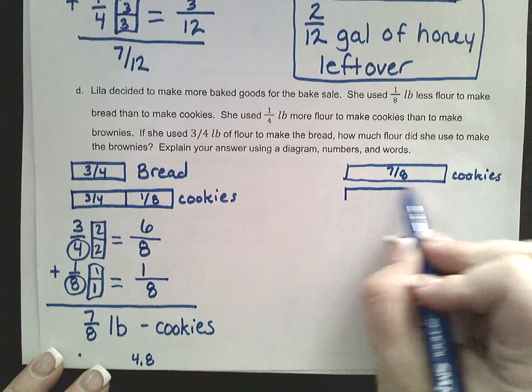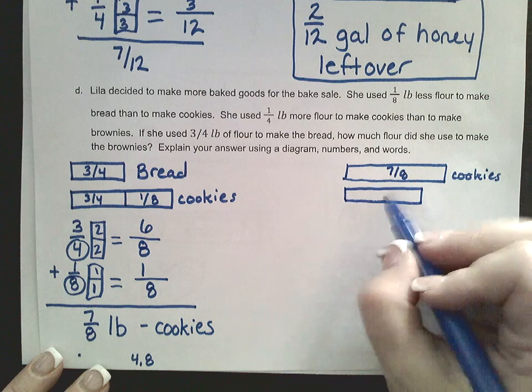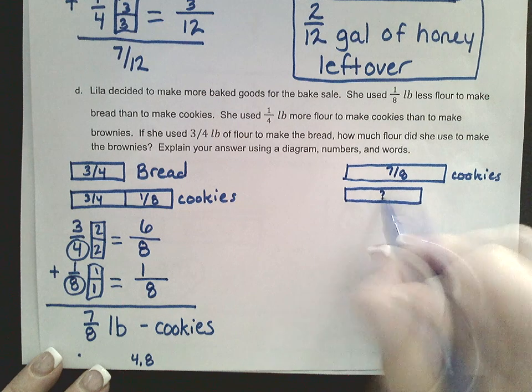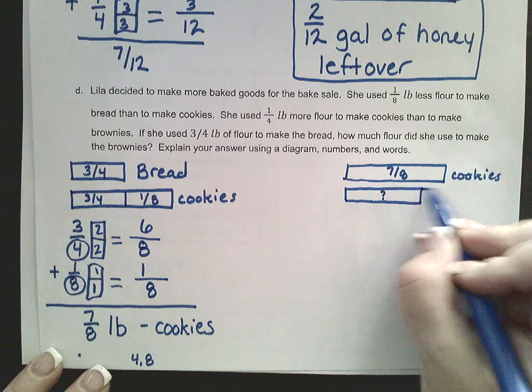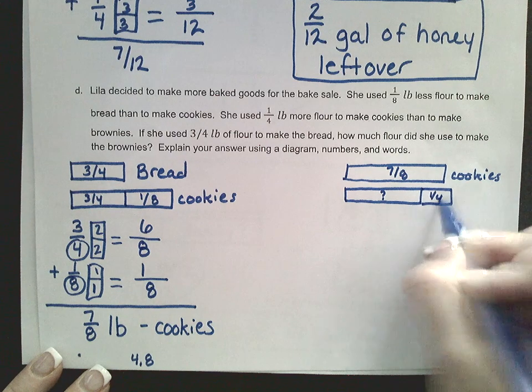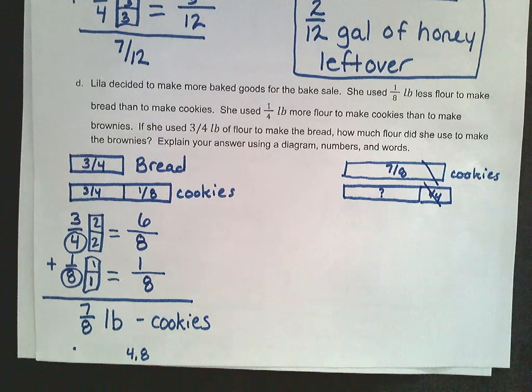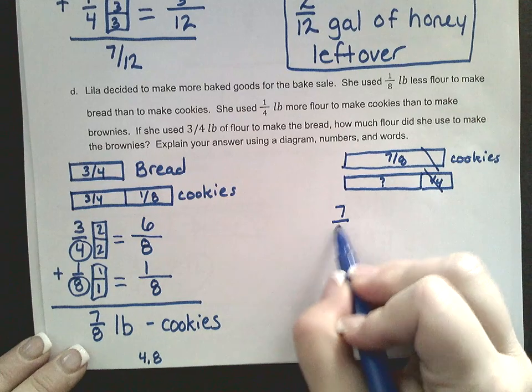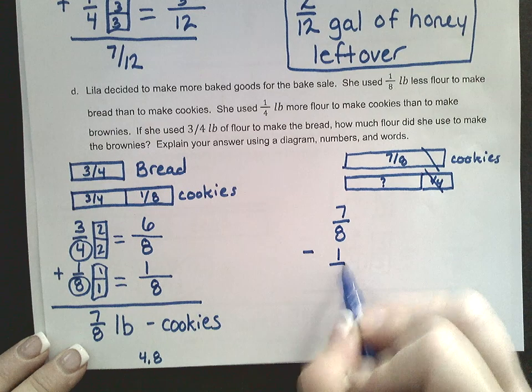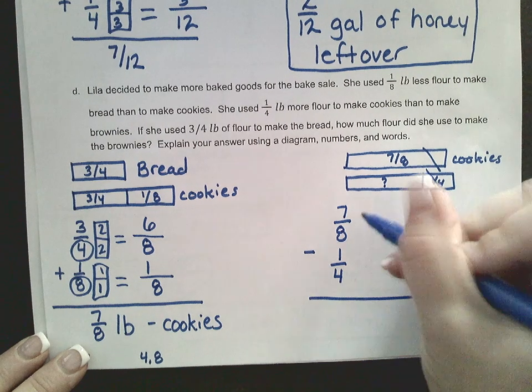And brownies, we don't know what it is, but they're going to be less. So notice I drew it smaller. And how much less? 1/4 less. So we have to subtract 1/4 from the cookies to get the brownies. So I'm going to take the cookies minus the 1/4 to get the brownies.